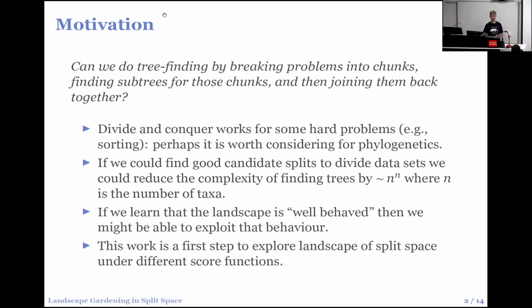And if we can find good looking splits, branches that are in the right tree, and then subdivide our tree problem, I can maybe use a divide and conquer approach to doing phylogenetics, like we can with sorting. Sorting goes from n squared for stupid sorting methods down to n log n for quick sort and merge sort. So divide and conquer might be great.